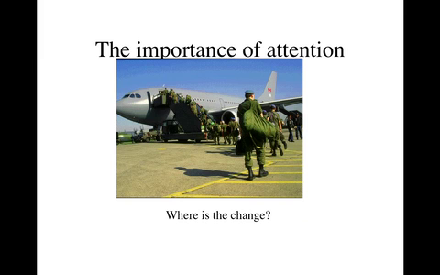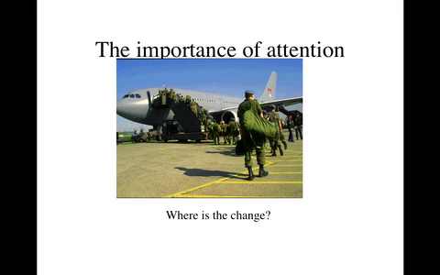Another demonstration that we require attention is change blindness, and we did a CogLab on this. If a picture is flashing with a brief mask in between and some change is happening, people will often not be able to spot the change until they're looking directly at the item on the screen.